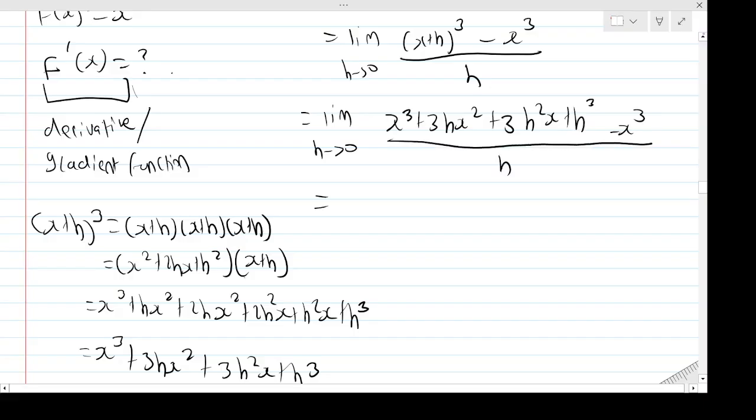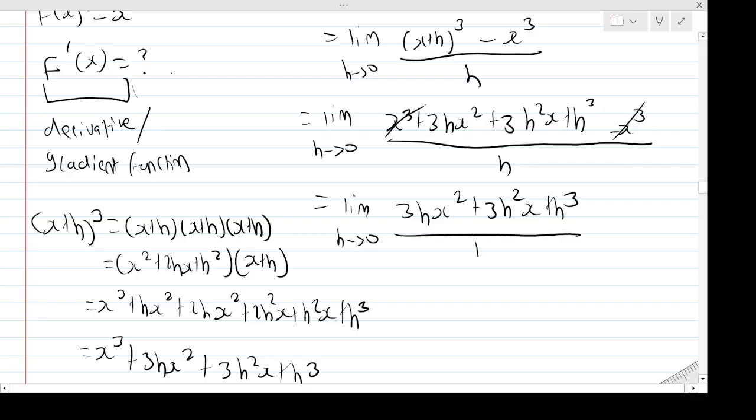And then again I can simplify the top because the x cubed will cancel, so I'm left with 3hx squared, add 3h squared x, add h cubed over h. And then notice all the terms on the top will have an h in common, so I can factor an h out.